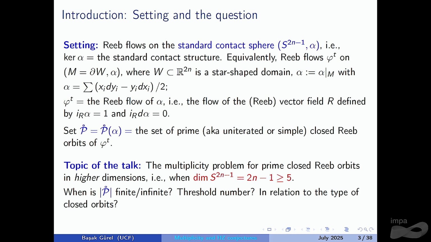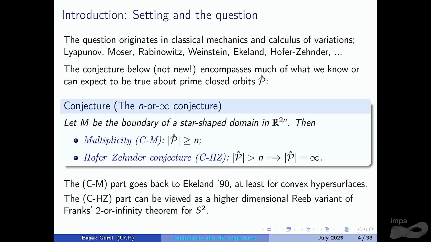There are, of course, lots of things you can ask about these orbits: the number of them, infinite, finite, any threshold number, the type of orbits, or a certain phenomenon happening in the presence of a certain type of orbit, etc. It's an old question, of course, going back to the work of Lyapunov, but with lots of results by a lot of people like Moser, Weinstein, Rabinowitz, of course, Ekeland.